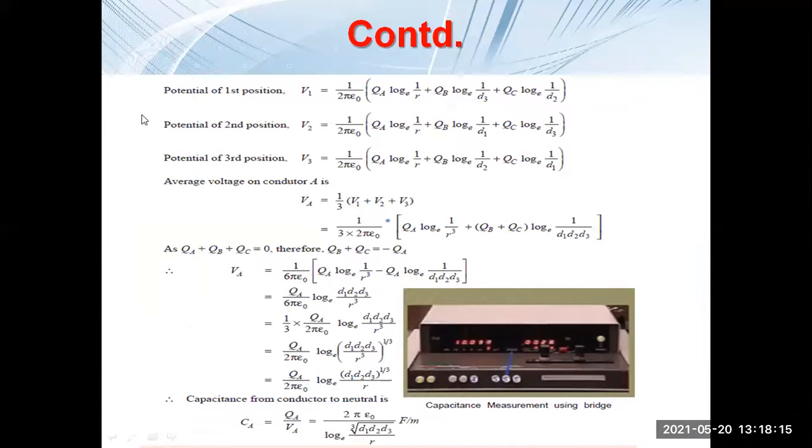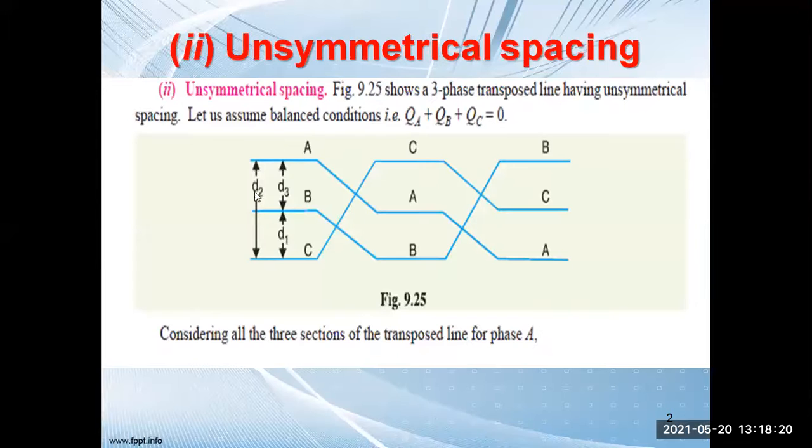Now, potential for this first position, V1, let us say for this particular configuration, where the distance between A and B is D3, distance between B and C is D1, and distance between A and C is D2.